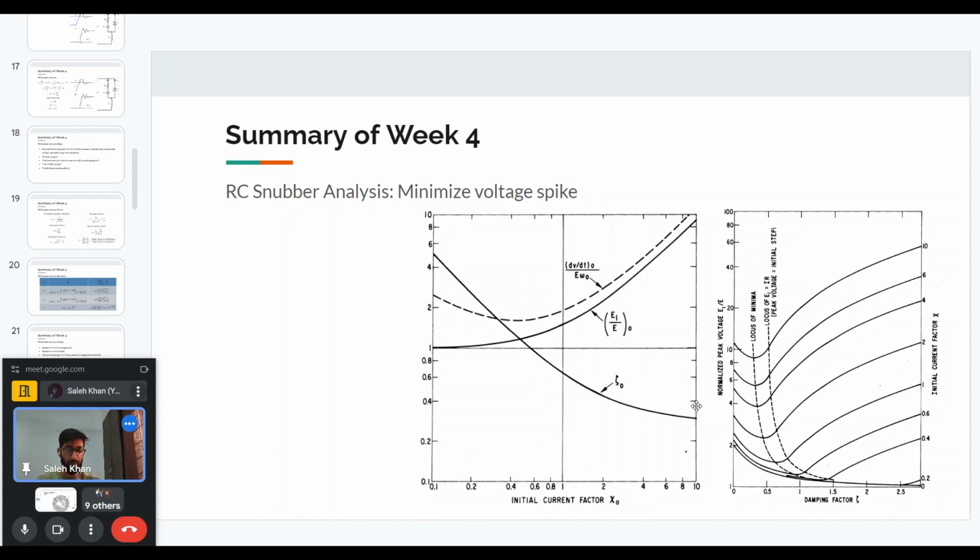That is why if you select a particular value of R and C for the snubber, you will not get exactly the value of E1 that you get from the analysis. It will be slightly different. So then you will have to change the value of the snubber resistance and capacitor to fine tune the overshoot that you get. That will be on a trial and error basis at the end.